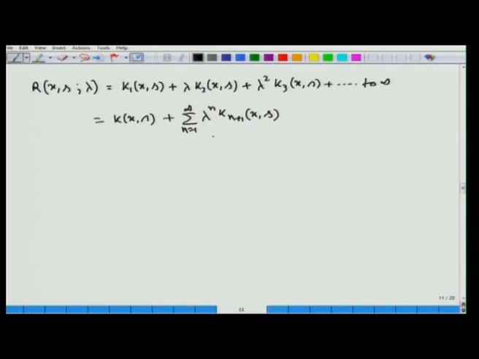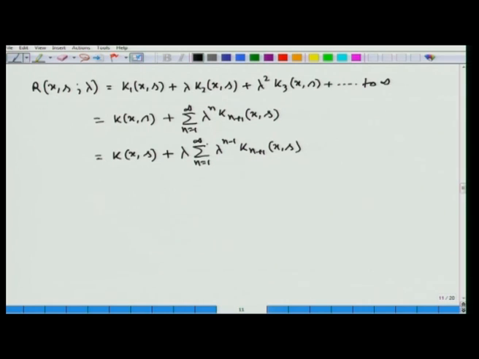So, that means the rest of the part is written under the summation notation. And now, if you take one lambda outside the summation, this will be K(x, s) plus lambda sigma n equal to 1 to infinity lambda to the power n minus 1 K_{n+1}(x, s). Now, when you are substituting n equal to 1, the first index of lambda is going to be 0.